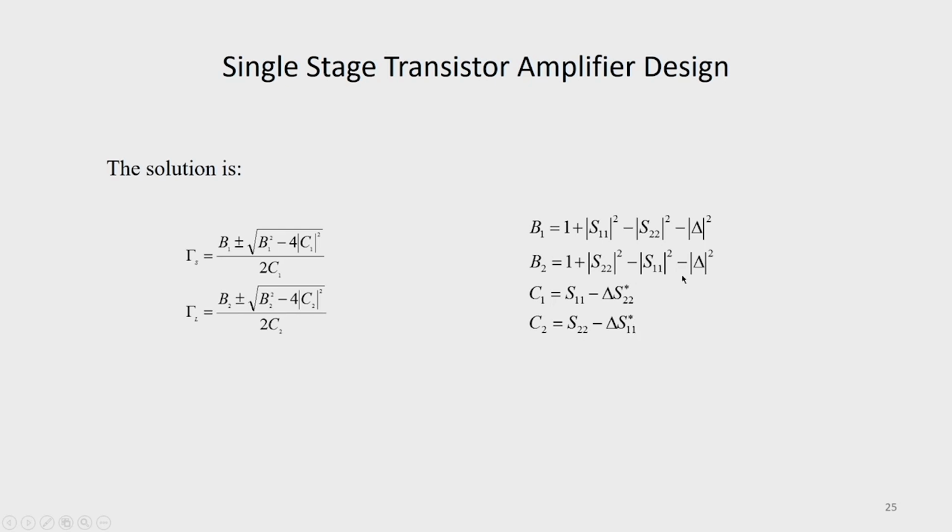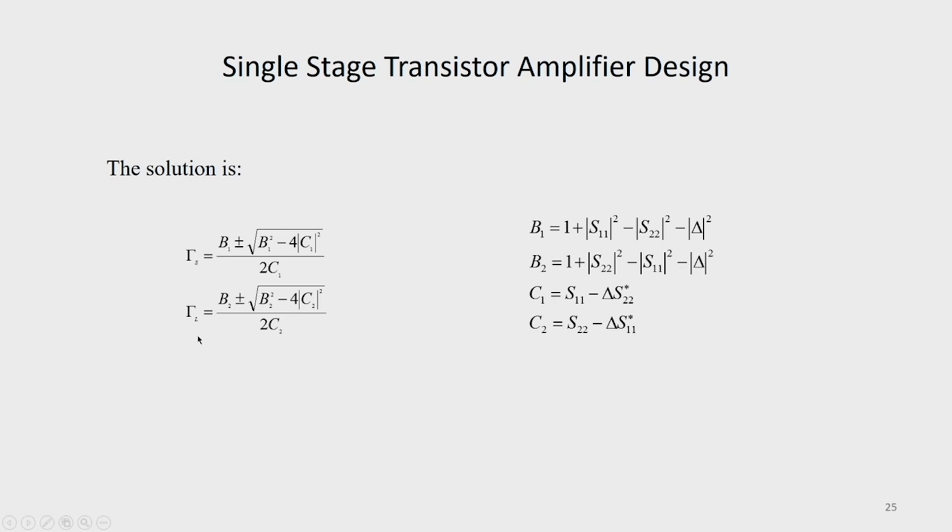So, given the S parameters of the transistor, we can get the values of gamma S and gamma L.